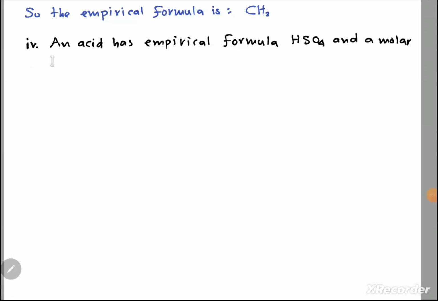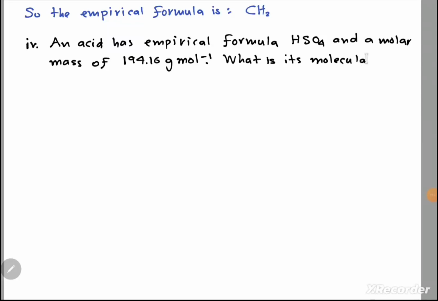And the molar mass of 194.16 grams mol -1. What is its molecular formula?